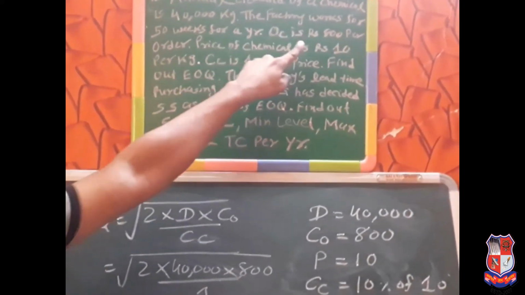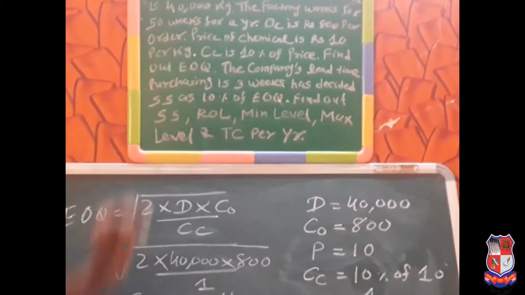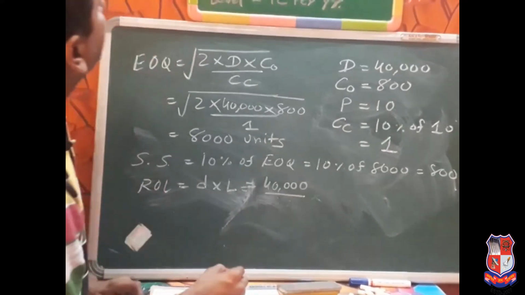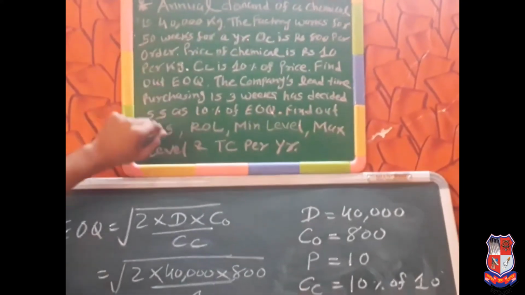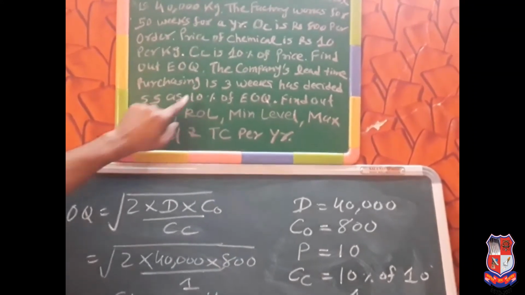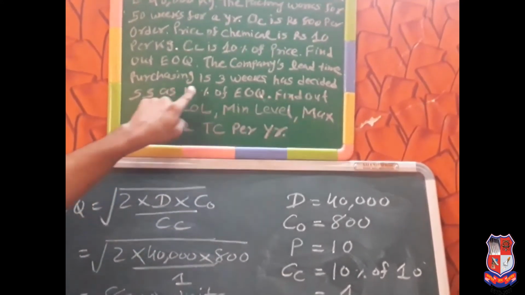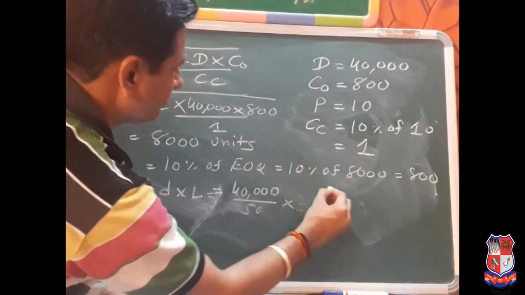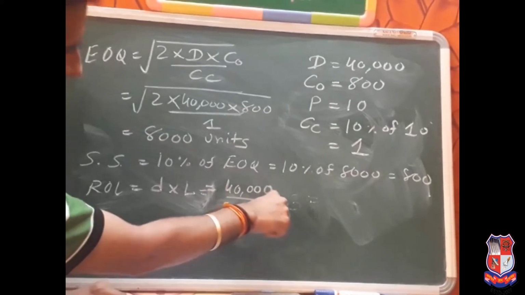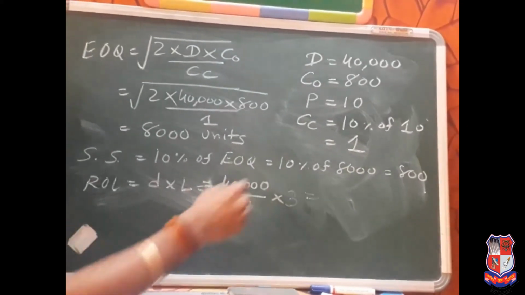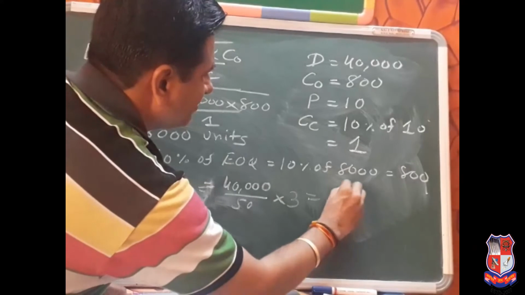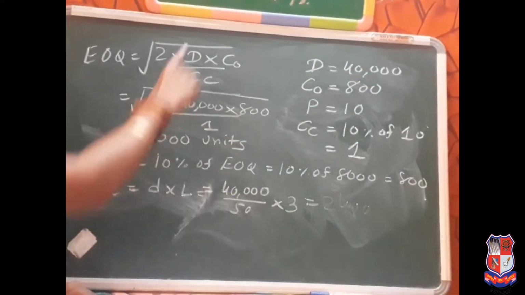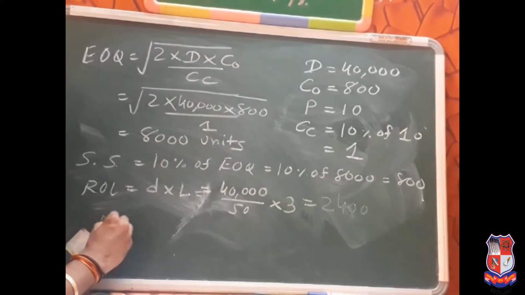The factory works 50 weeks per year, so 40,000 divided by 50, into lead time. The company's purchasing lead time is 3 weeks, so your L is equal to 3 weeks. So 40,000 divided by 50 into 3, and you will get the ROL, which is 2400 units.